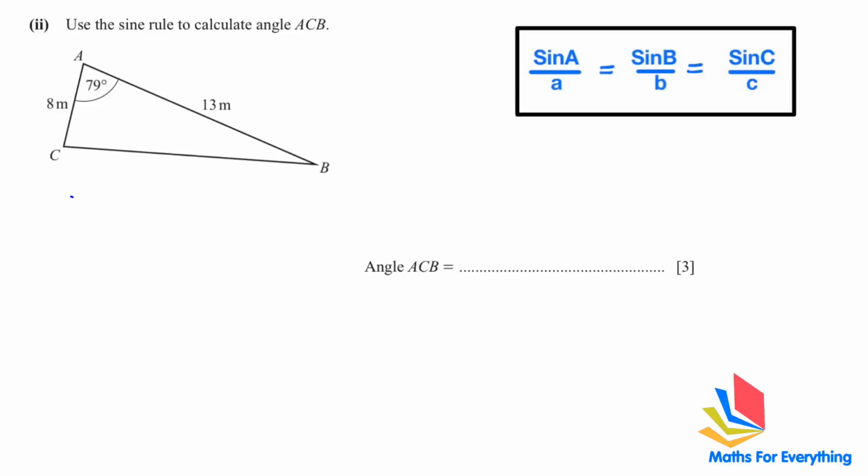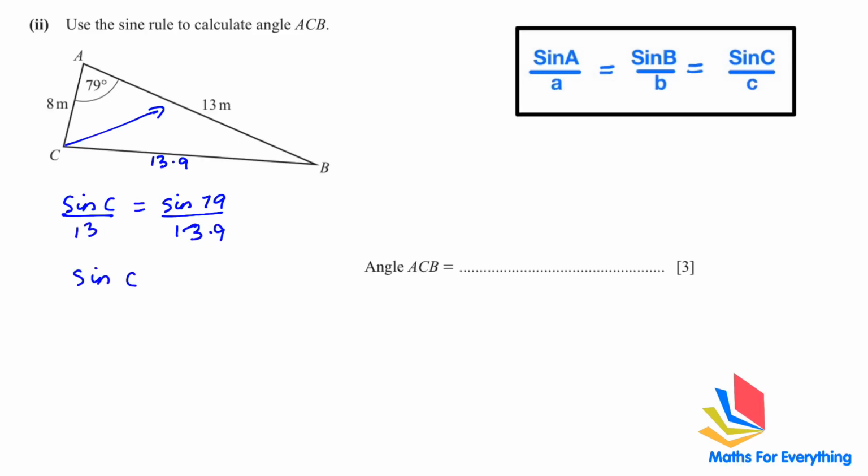So sine C over the opposite side, which is 13, is equal to sine A, which is sine 79, and the side opposite it, which is BC, we found BC, which was 13.9.